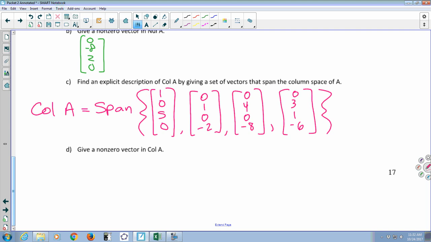So give any non-zero vector in the column space. Any linear combination of the columns of A will work. So anything in any actual column of A will work, because you would put a 1 as your weight on 1, 0, 5, 0, a 0 on everything else, and add them together. What else would be in here? 0, -4.